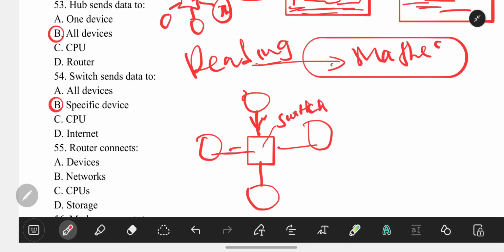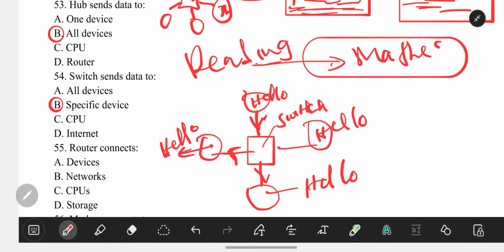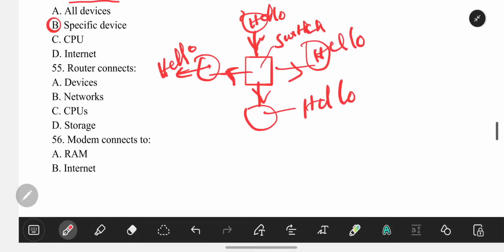That means this is the only device that is going to see the message. Like for example, you send from this PC hello, you want someone on this computer to see it, it will be shown like that. That is the switch. But for the hub, at all points they will be able to see the hello. Even private conversations will be seen like that. That is the difference. So the switch sends to specified users.